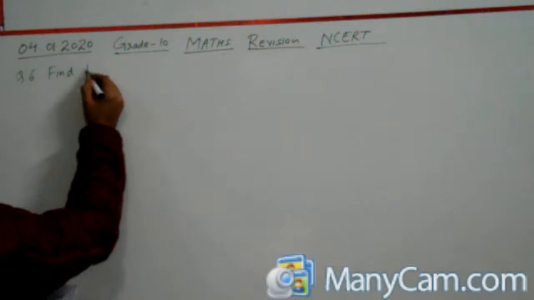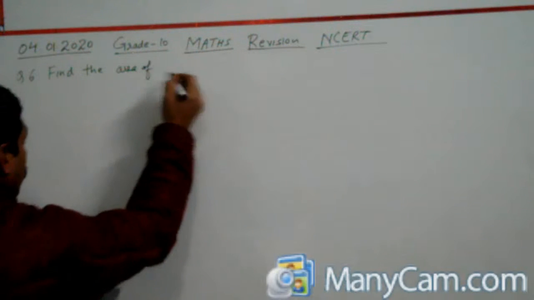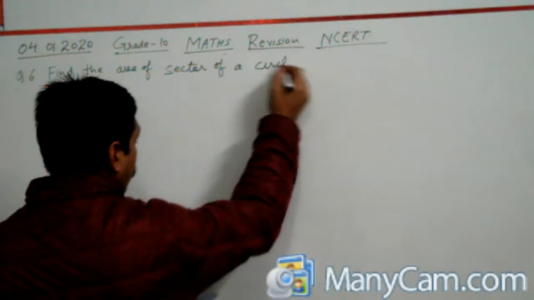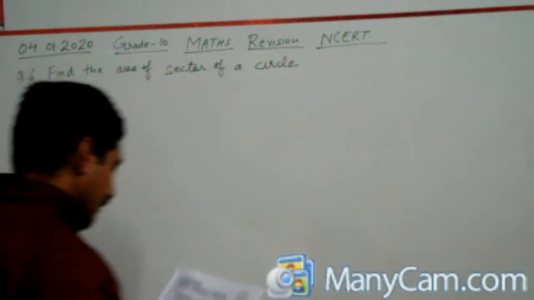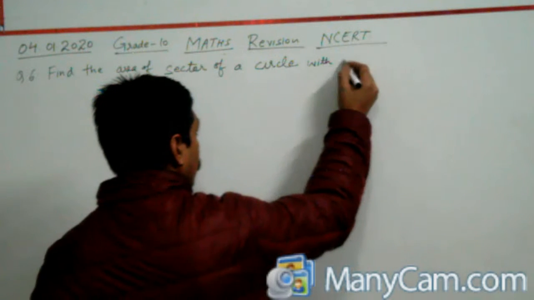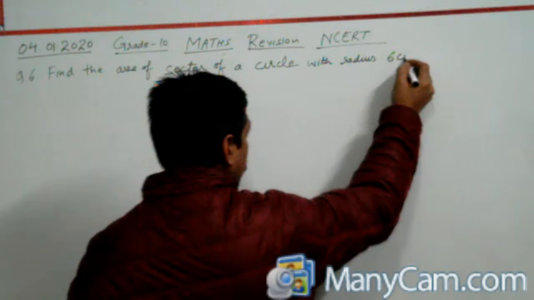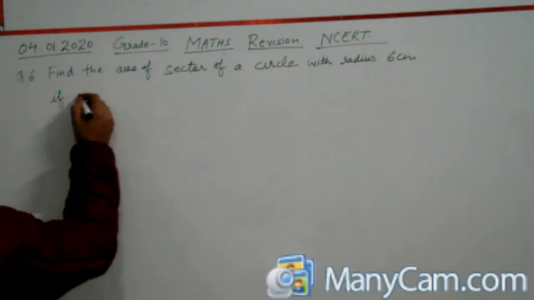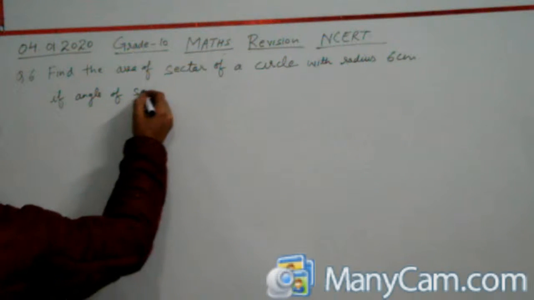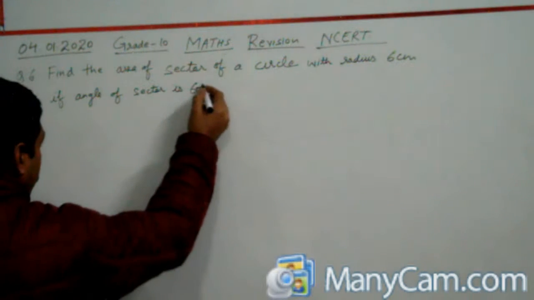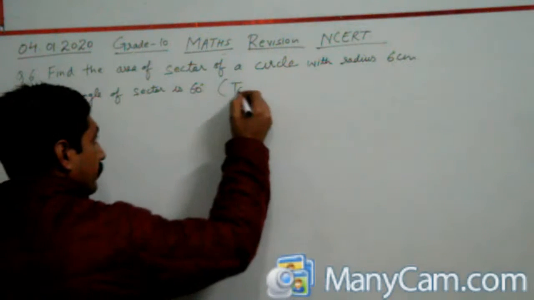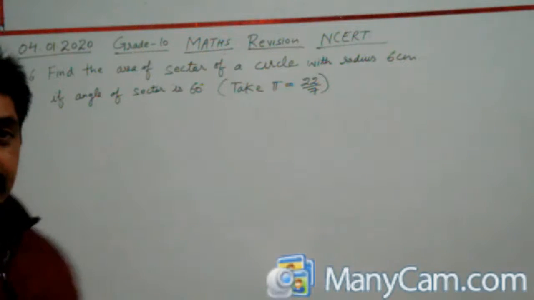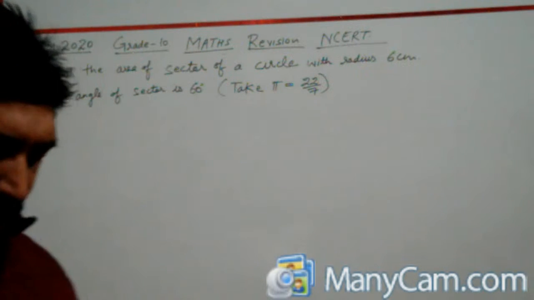Find the area of the sector of a circle with the radius 6 centimeter, if the angle of the sector is 60 degree. Take pi as 22/7. Next question.